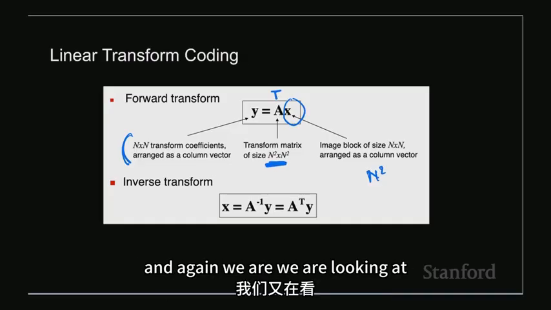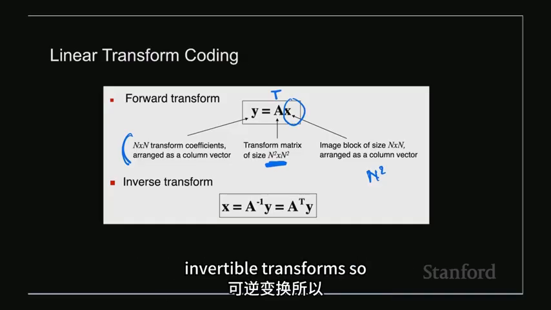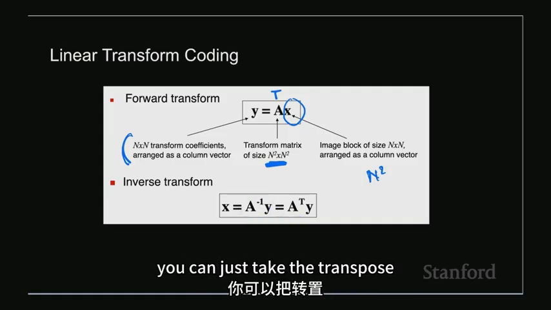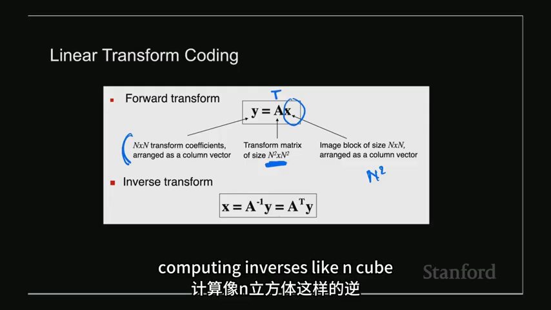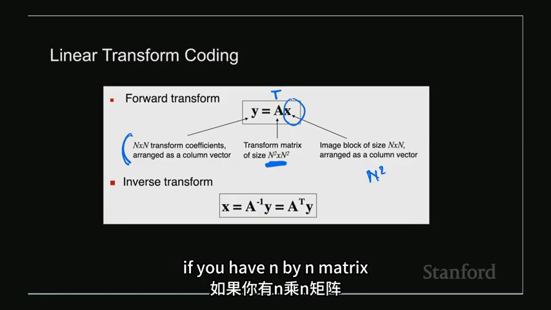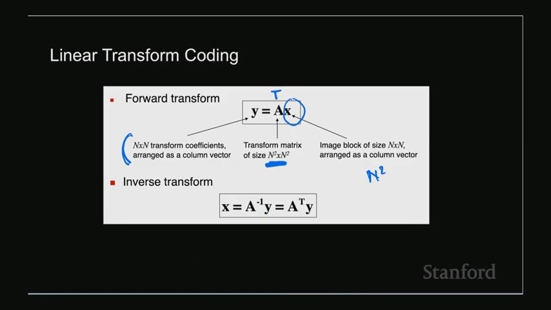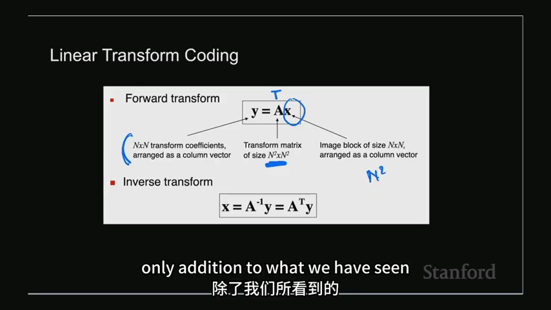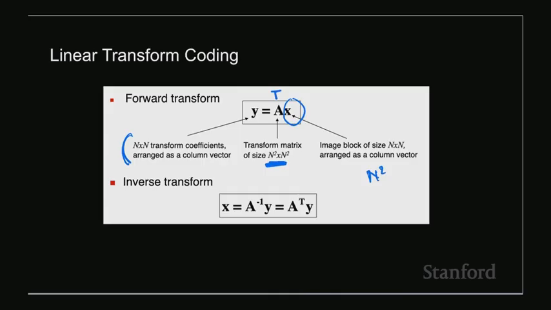Again, we are looking at orthonormal transforms, so you don't actually have to run the inverse. You can just take the transpose, which is much more efficient. Computing the inverse is like n cube if you have an n by n matrix. Cool. So that's the only addition to what we have seen so far in class.